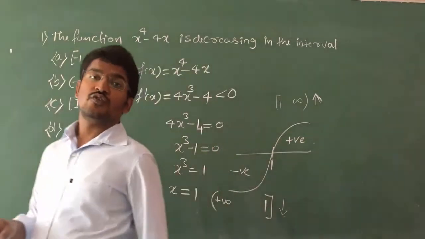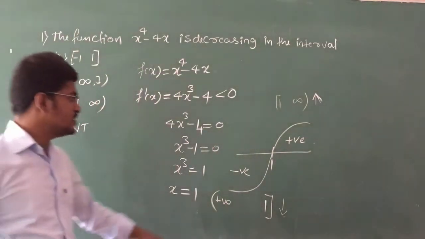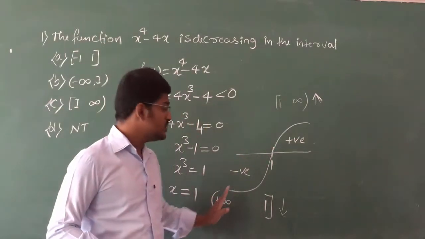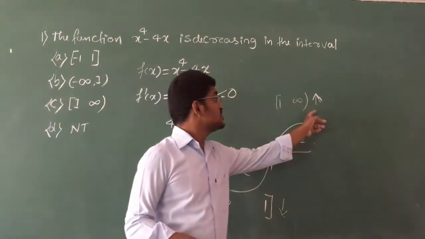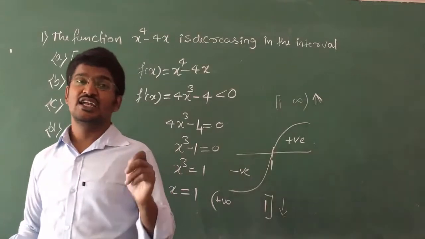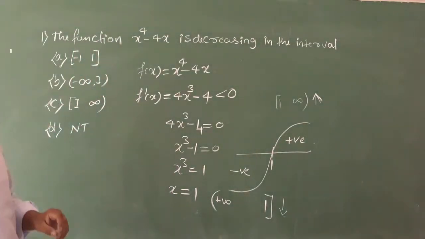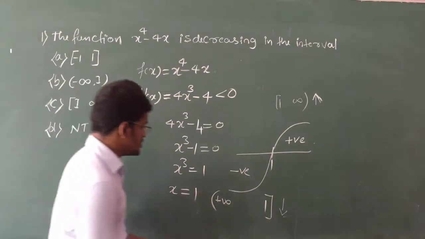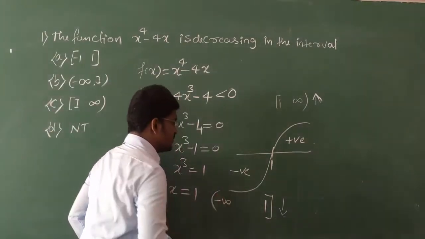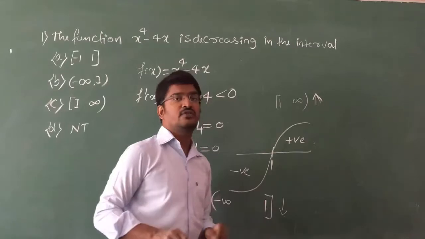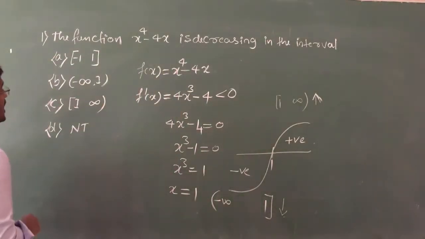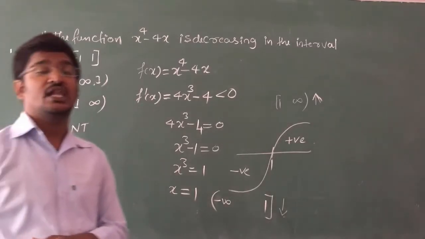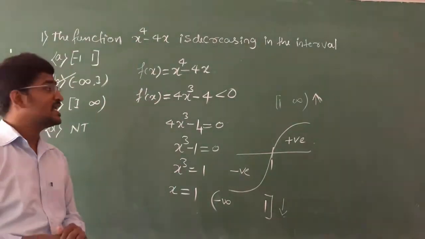So from this you can tell that this function is decreasing in the interval negative infinity to 1 and increasing in the interval 1 to positive infinity. So negative infinity to 1, it is decreasing.